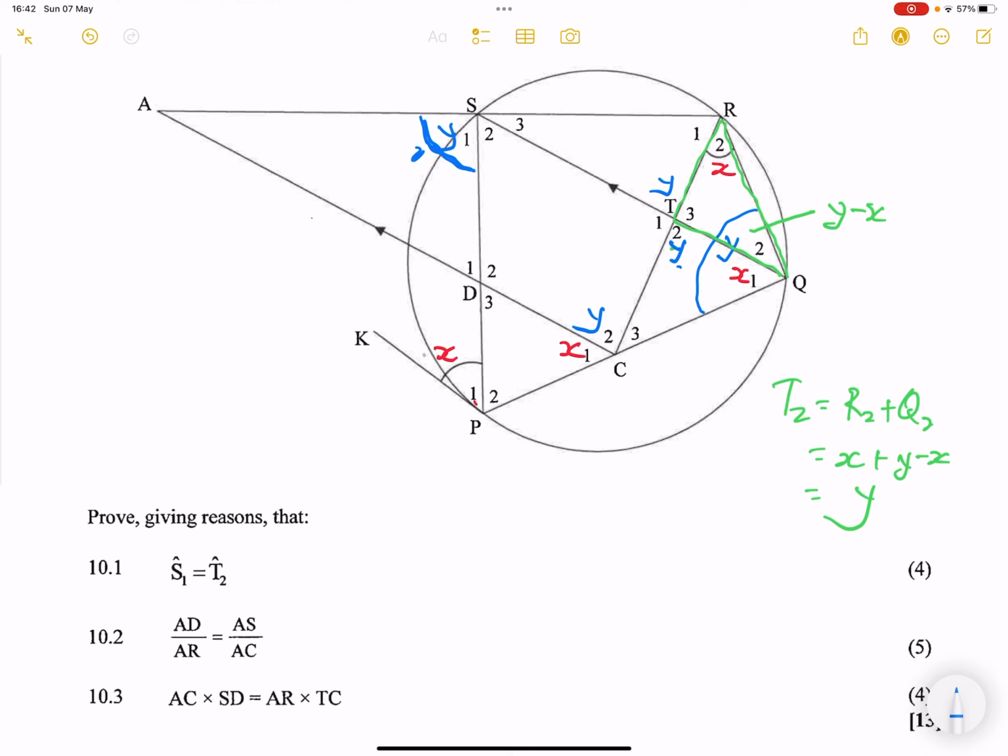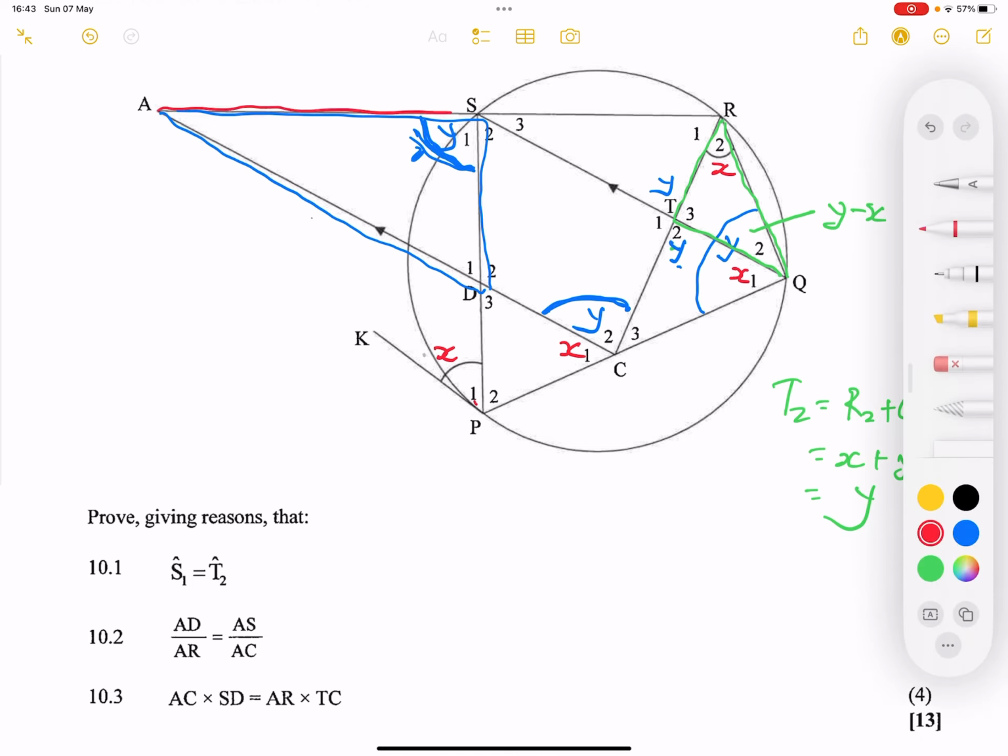Now, I want you to please note in this case, we already have this angle here equal to that. We've proven that. So is it possible for us to prove a similarity between the two triangles ARC as well as ASD? So meaning this triangle here, and that big triangle, maybe let me use a different color, and that triangle over there, right?